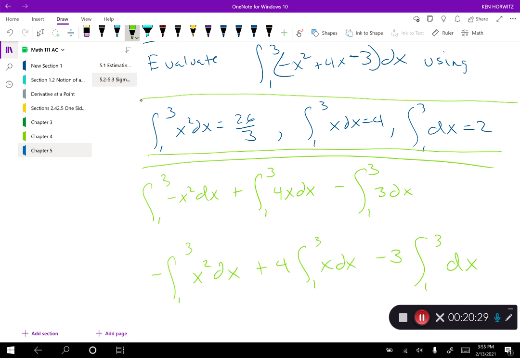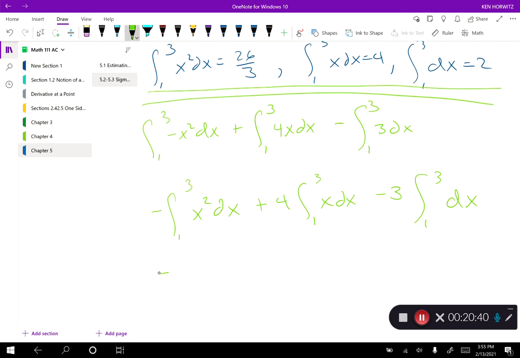So we're going to use the information in our directions to make a substitution. All right? So I have the integral from 1 to 3 of x squared dx. I'm simply going to say I have negative, and I'm going to substitute in 26 over 3. Then I'm going to add that to 4 times, right? I can take that, and I'm going to substitute in 4.